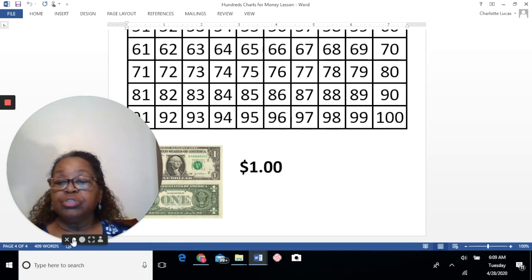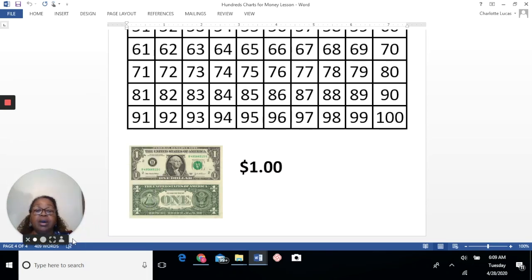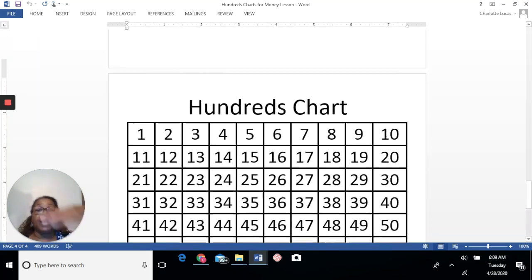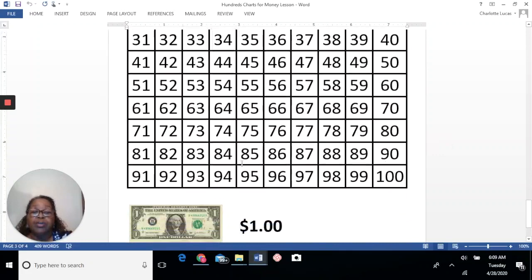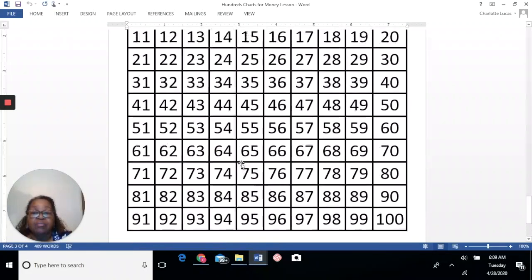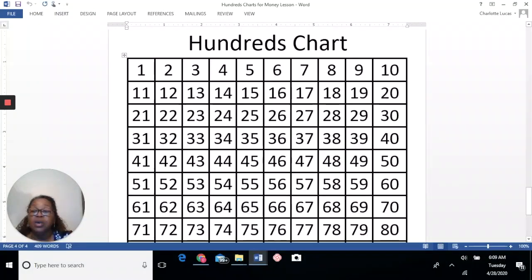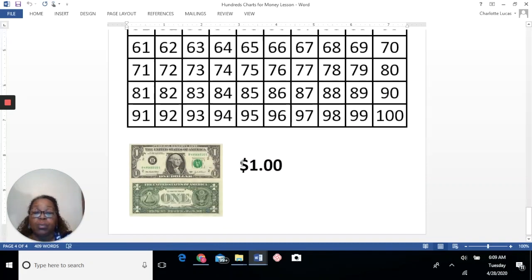If I use the hundreds chart, I am able to count and use a visible representation of what's going on in my head. When you're counting money and you have a visual that you're working with, when you get to the store and you're thinking, that chart will come to your brain and it'll help you to remember. So I like to have a visual when I'm working.